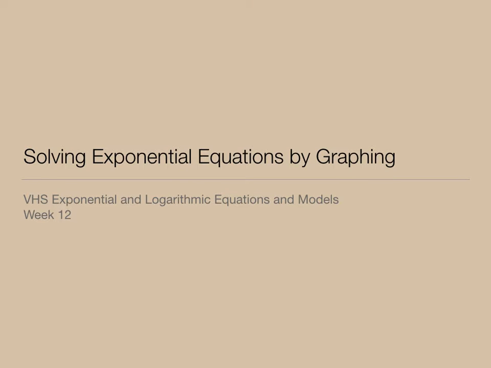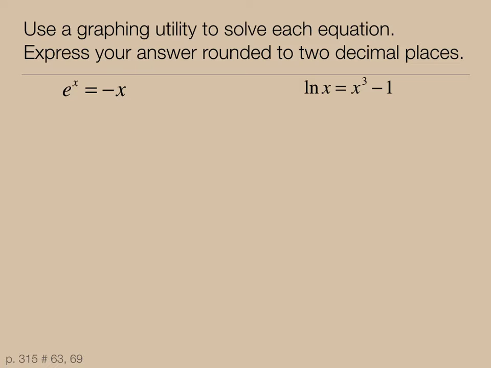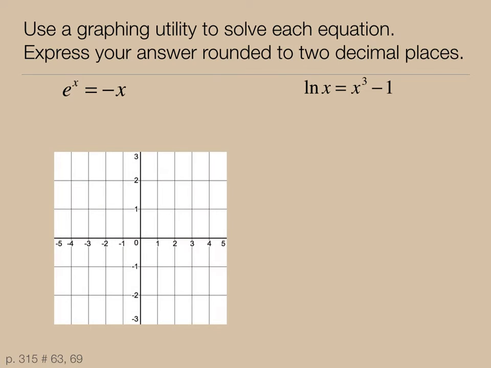Now we're going to go on to solving exponential equations by graphing. What we want to do here is, first of all, notice that there's an x on both sides of the equal sign. So we could graph f of x equals e to the x.